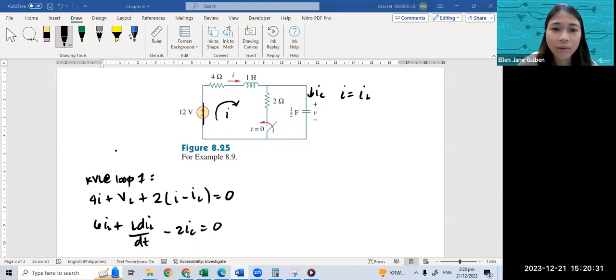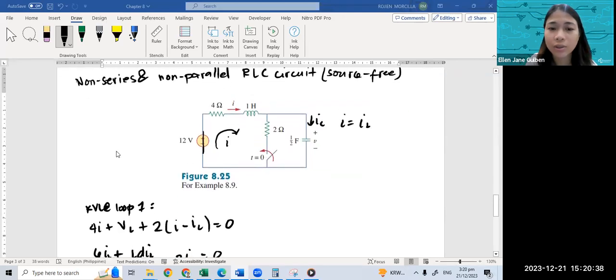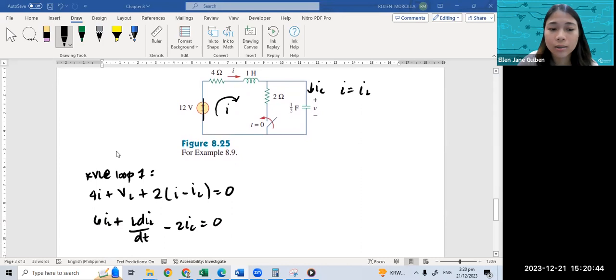So we have, again, going back, this is a source-free circuit. So although the example here is at 12 volts, we will not be considering that. Okay, so we have 4I times the voltage of your inductor. Of course, this is KVL, so these are sums of voltages.